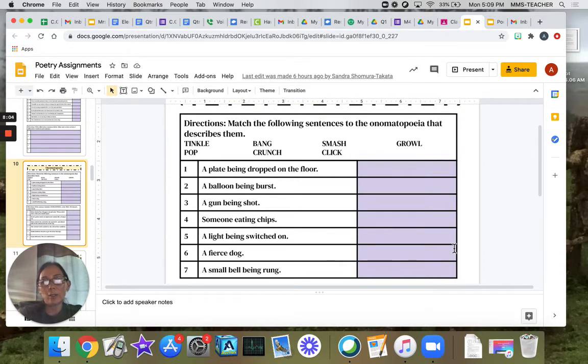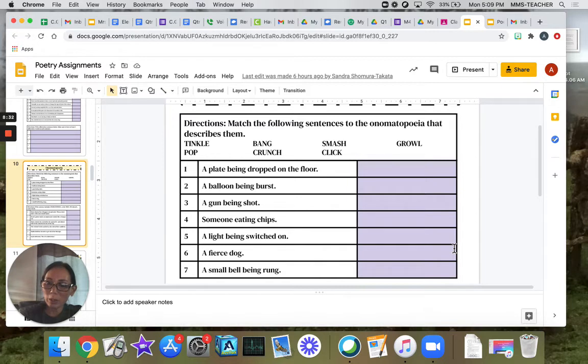So after reading each sentence, match the onomatopoeia sound that would describe the sentence. Okay, so number 1, a plate being dropped on the floor. What onomatopoeia sound would it make? Tinkle, pop, bang, crunch, smash, click, or growl.